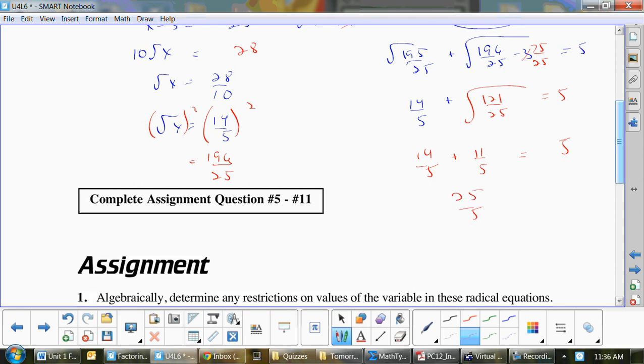Oh, this is looking good. 5 equals 5. Therefore, I would say 196 over 25 is a solution. Yes? Yep.